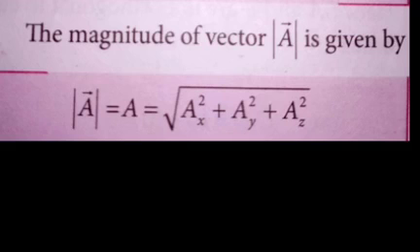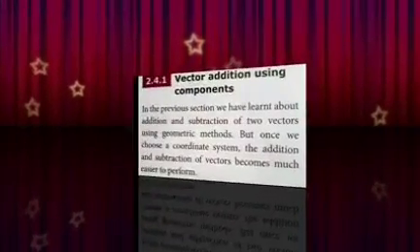Now to find the modulus of the A vector, A equals square root of ax square plus ay square plus az square. So this is the value we discussed in property 8.